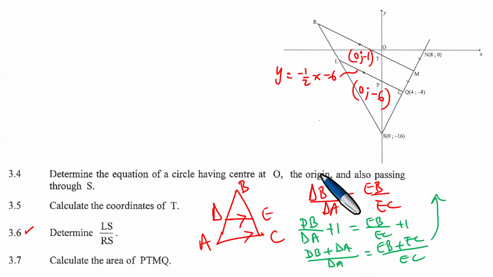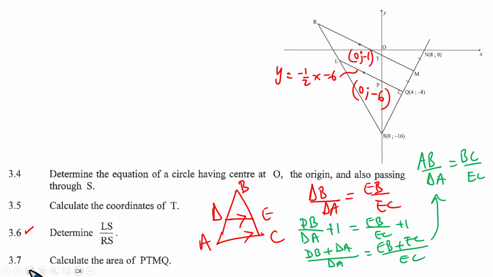Okay, let's look at dB plus dA. What is dB plus dA? dB plus dA is AB. So you can also write this ratio as AB over dA. And now EB plus EC is BC over EC.